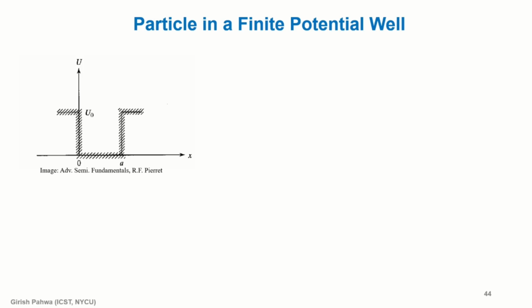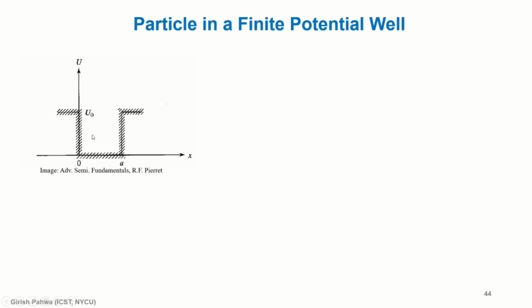We already have some idea that when the particle is free, the energy is continuous, and when the particle is confined, the energy becomes discrete. So what about this? If I put a particle in this, is it confined or is it free? It is confined, but it is not totally confined.